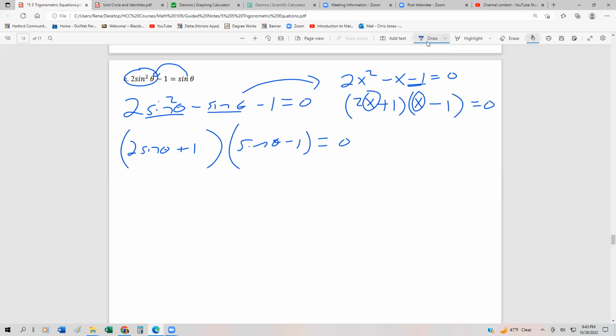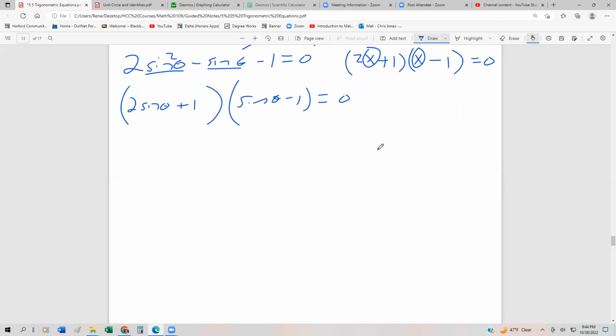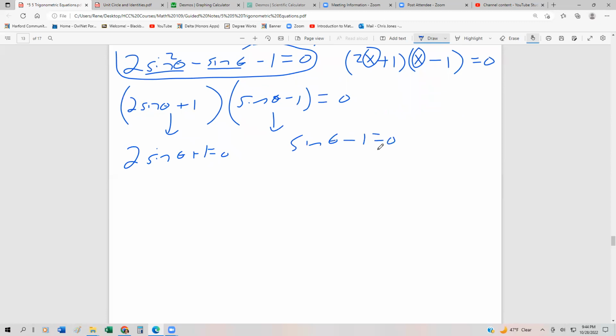Of course, if you don't trust that, you can FOIL that back out, and you'll clearly see that you get back to this. So now I'm going to set both of these factors equal to 0: 2 sine of theta plus 1 equals 0, and sine of theta minus 1 equals 0. And I'm going to solve those two equations.